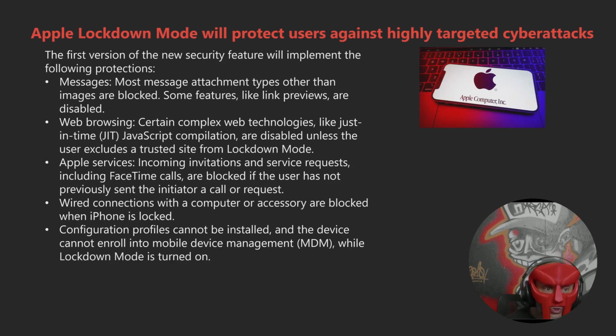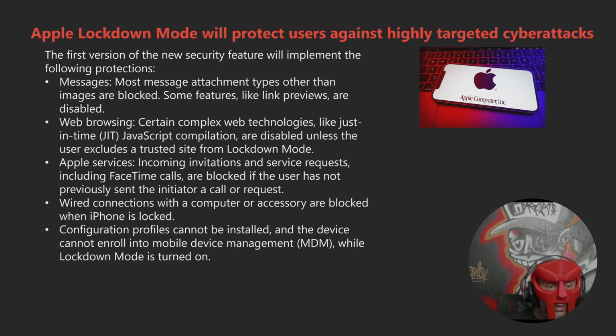The first version of the new security feature will implement the following protections. For messages, most message attachment types other than images are blocked. Some features, like link previews, are disabled. For web browsing, certain complex web technologies, like just-in-time JavaScript compilation, are disabled unless the user excludes a trusted site from Lockdown Mode.